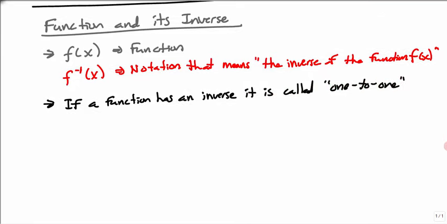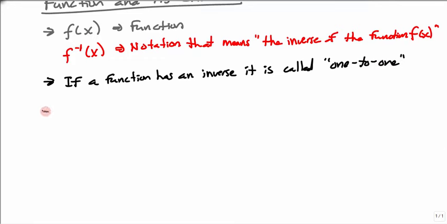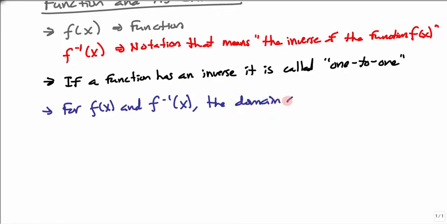Now another couple things that we can talk about. For f of x and f inverse of x, the domain and the range swap for these functions. So the domain of f becomes the range of the inverse and vice versa.